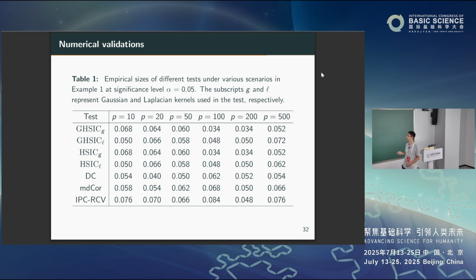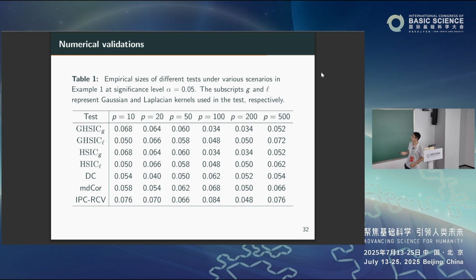The G represents the Gaussian kernel, and L represents the Laplacian kernel. The HSIC represents the traditional HSIC, and the DC represents the distance correlation. The MDCOR represents the marginally aggregated distance correlation proposed by Professor Zhu in 2020. And the last one represents the projection correlation combined with variable selection.